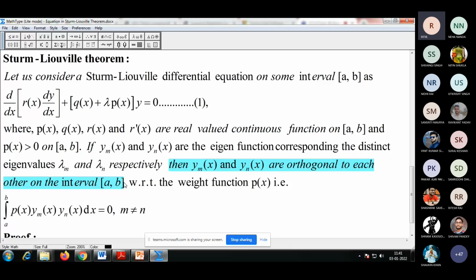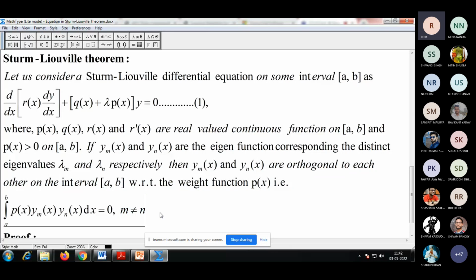Orthogonality you know already. Orthogonal with respect to the weight function p(x) means the integral from a to b of p(x) ym(x) yn(x) dx equals 0, where m is not equal to n. If m and n are the two distinct eigenfunctions for the two distinct eigenvalues, it means m is not equal to n is assumed here.